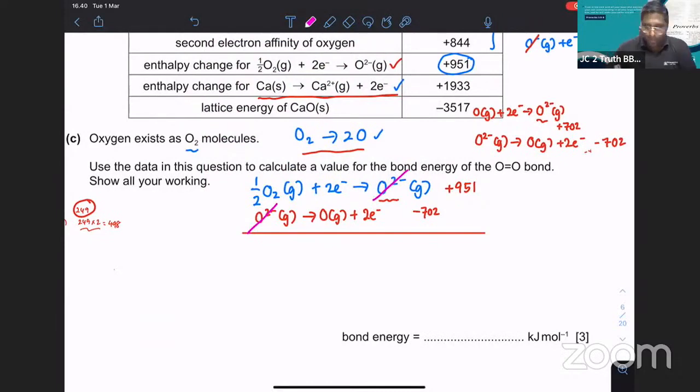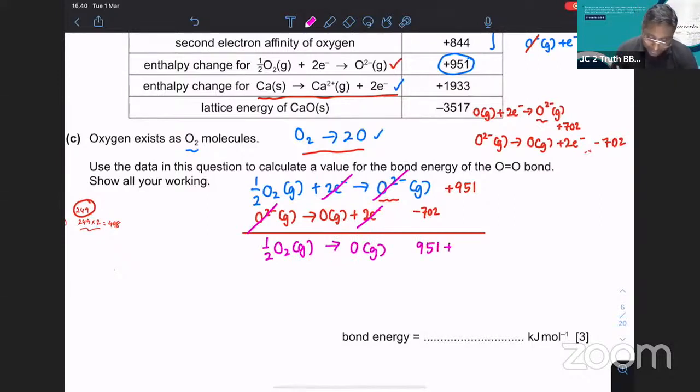I will also be able to cancel this and this as well, left and right. So I will have half O2 gas giving me O gas, and this value is 951 plus negative 702, which if you calculate, you will get a positive 249.